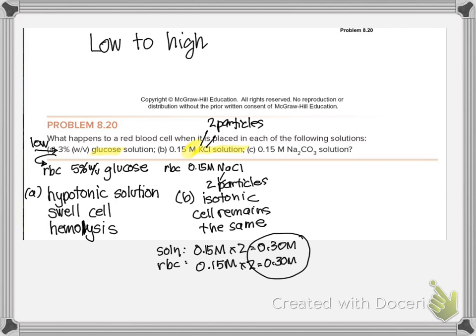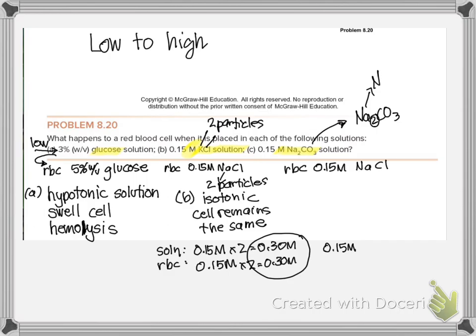Now let's look at letter C. Again I have molarity, and then I have sodium carbonate. I have to use the same reference because I need something with molarity, but they're not the same chemical. Sodium carbonate has 2 sodium. How do I know?